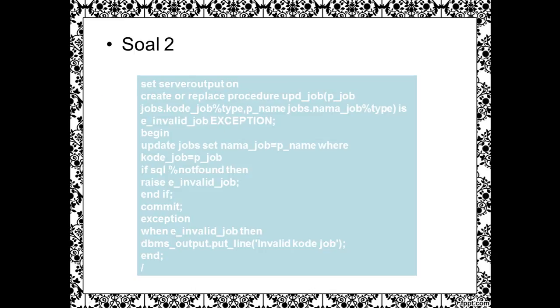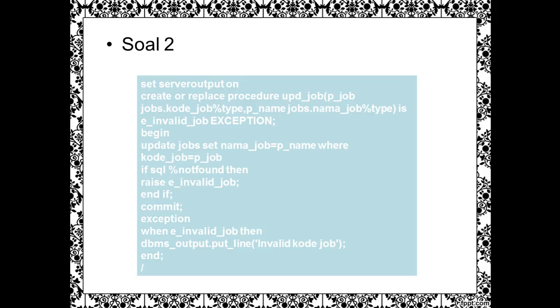Then for the second question, we set serveroutput on. Then we create or replace procedure upd_job (p_job jobs.kode_job%type, p_name jobs.nama_job%type) is e_invalid_job exception. We begin, update jobs set nama_job = p_name where kode_job = p_job. If SQL%NOTFOUND then raise e_invalid_job, and then we commit.